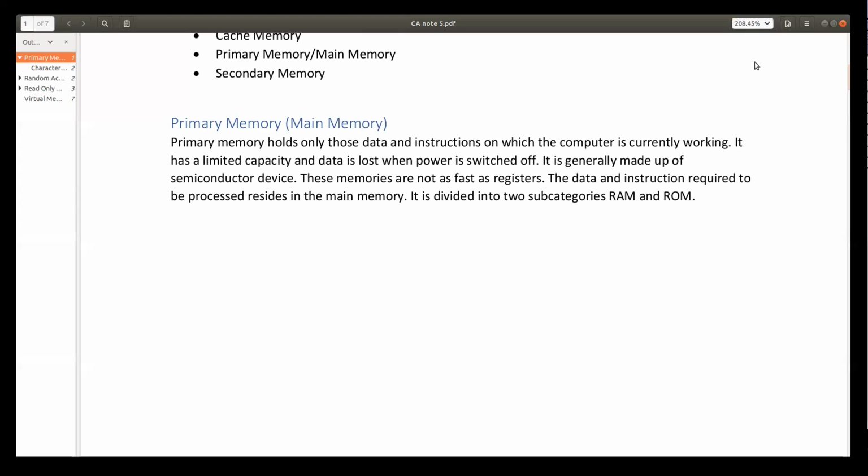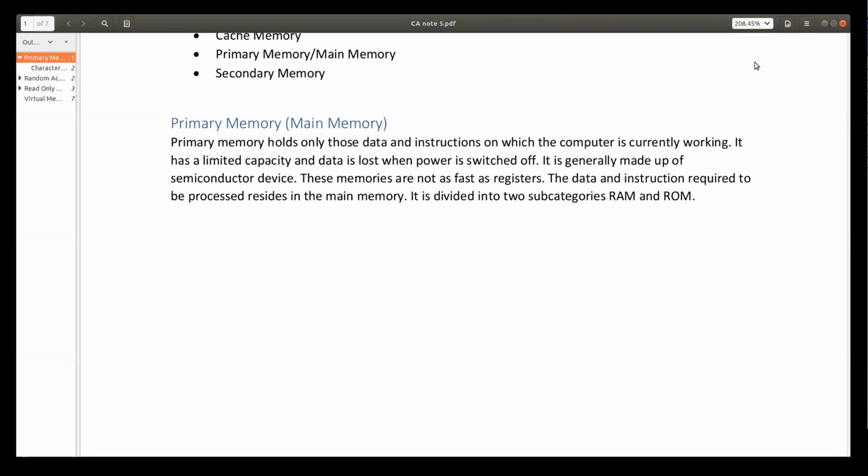First of all is primary memory, which is most often known as main memory. Primary memory holds the data and instructions which are currently in the working condition, that means currently running.